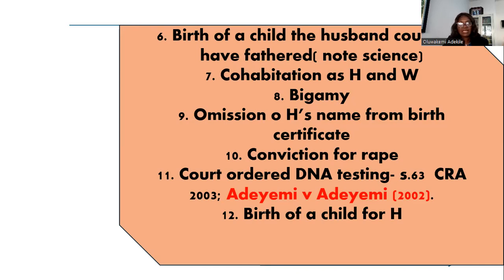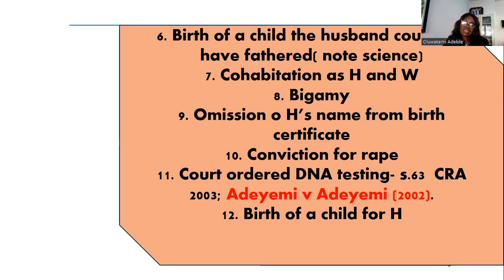Conviction for rape: a married man who rapes a person, who has sexual intercourse with a person by rape, is liable to have the marriage dissolved for committing adultery. The wife would come to court and claim that because of the conviction for rape, there is evidence of adultery. This is a technical point.